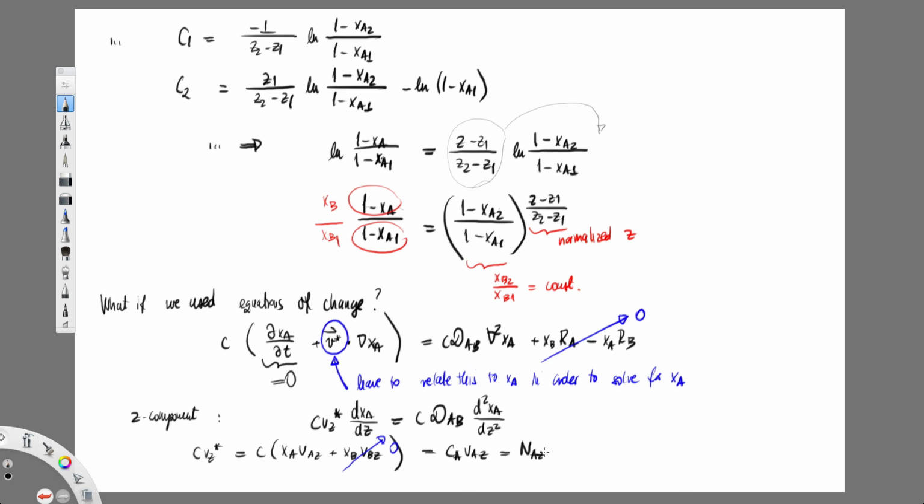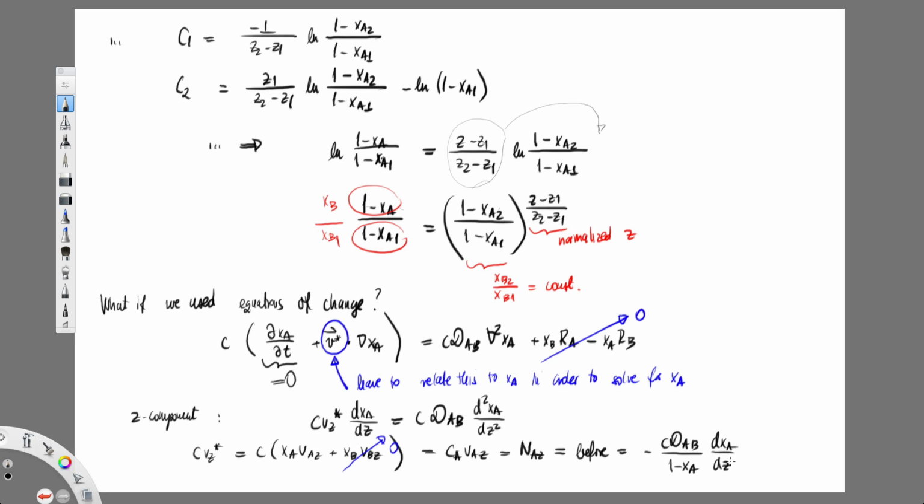And I would again have to express NAZ in terms of XA. This work I already did before. So we had it before. It's minus CDAB over 1 minus XA DXA DZ. So my point is, either way you go, shell balance or equation of change, you will have to express either V star or NAZ in terms of XA, in order to actually get the equation in XA that you need to solve.